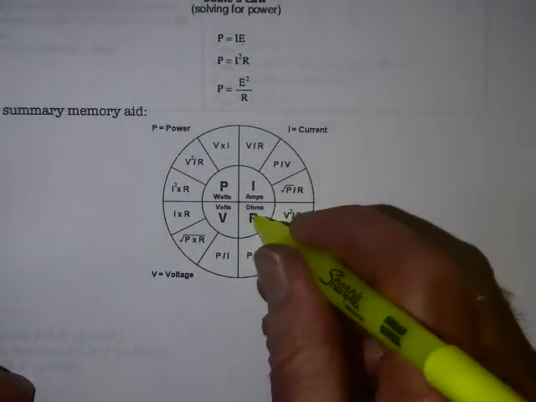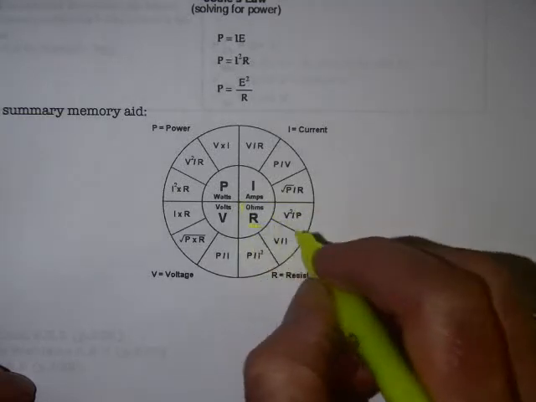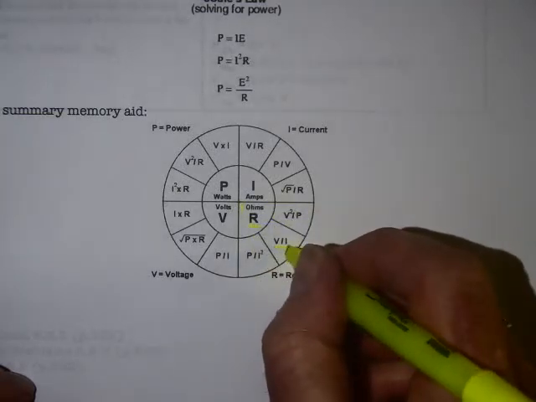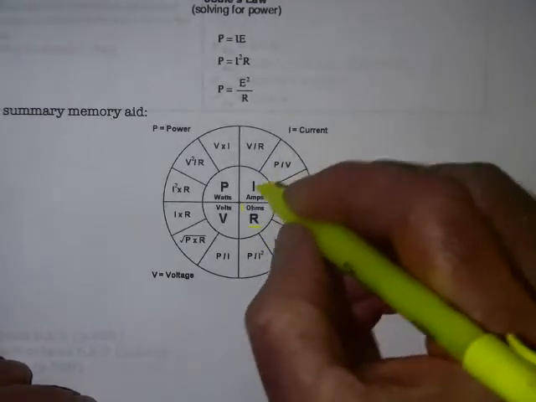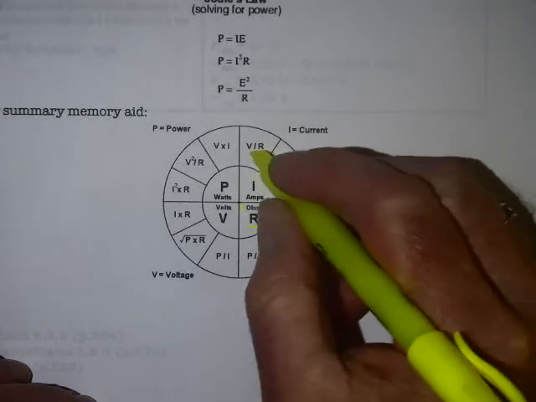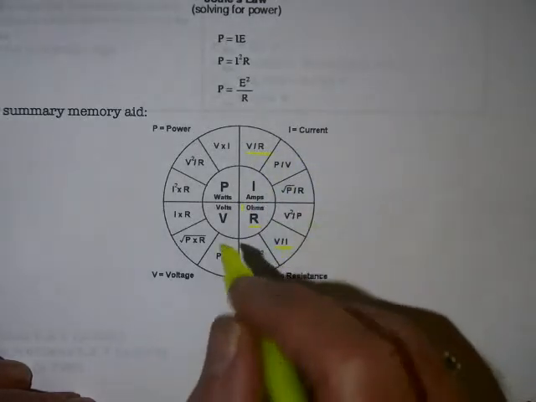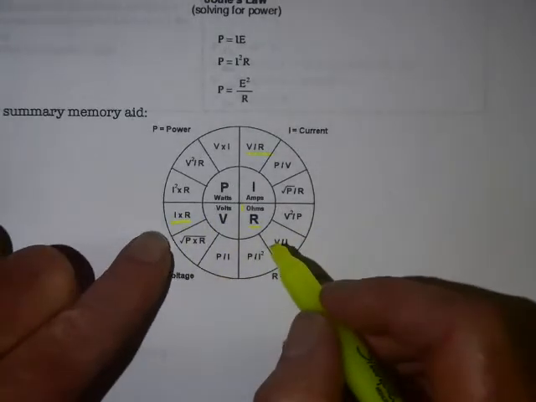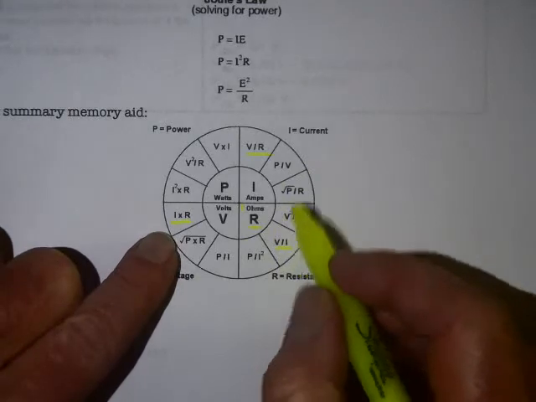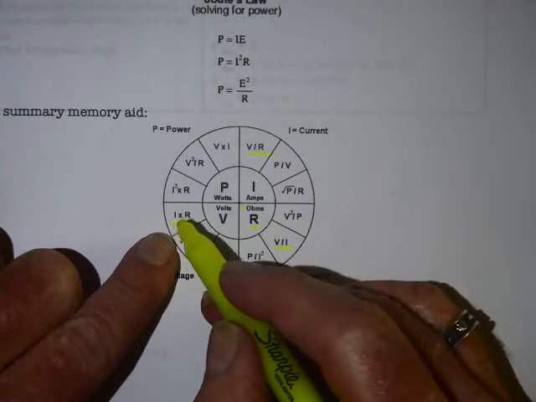You see that resistance is equal to V over I. You see that I is equal to V over R. Voltage is I times R. So at these three corners, this is just Ohm's law.